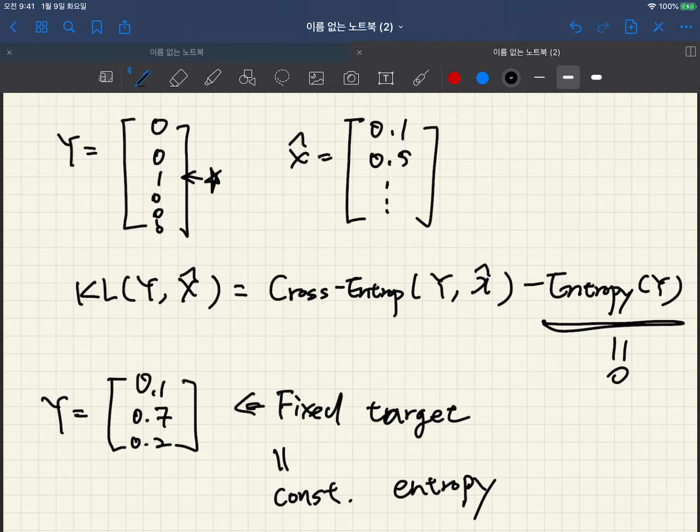When you control the parameters while you are running the process, y does not change, but only x hat will be updated. So in that case, because the entropy part is just constant, we don't need to worry about the entropy part. We just need to optimize the cross entropy part. That's why in many machine learning scenarios, cross entropy is equivalent to KL divergence.